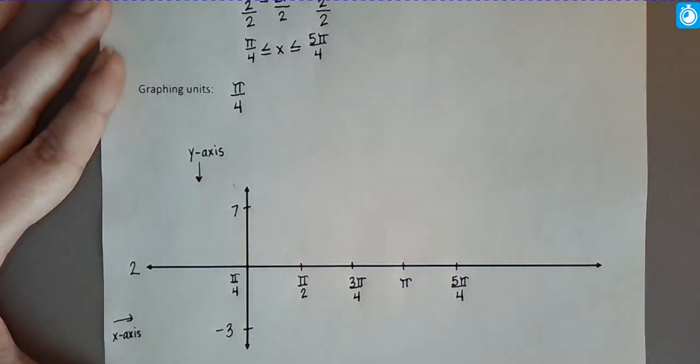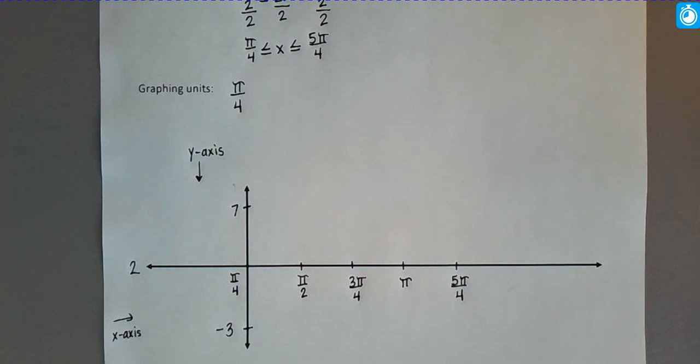Once we have everything labeled, all we need to do is fill in the standard points for the cosine graph based on where they normally fall. Remember, cosine starts at its maximum, goes to the center, down to the minimum, back to the center, and back up to the maximum to complete a full period.